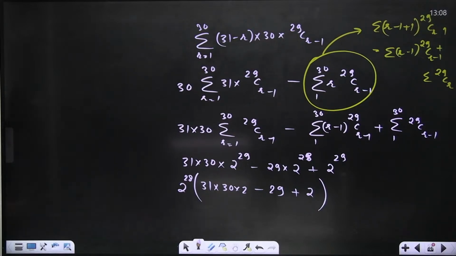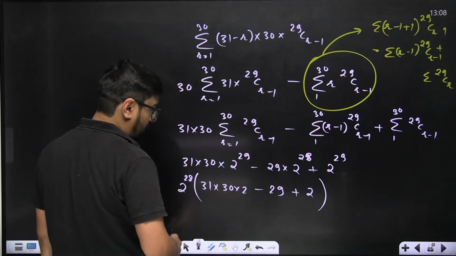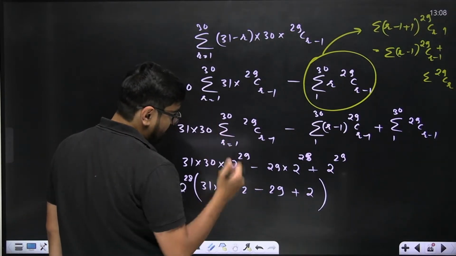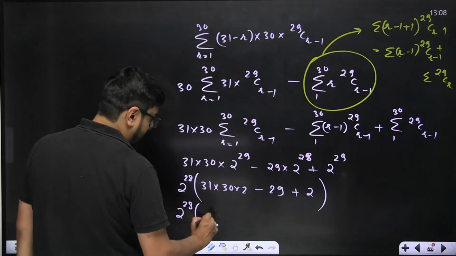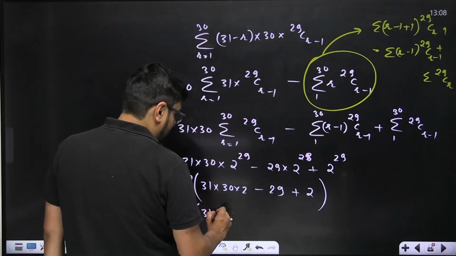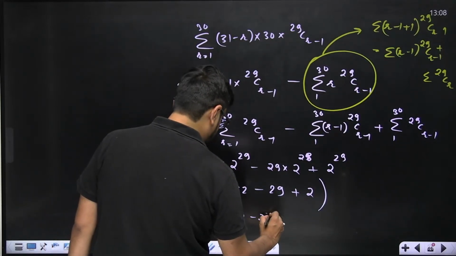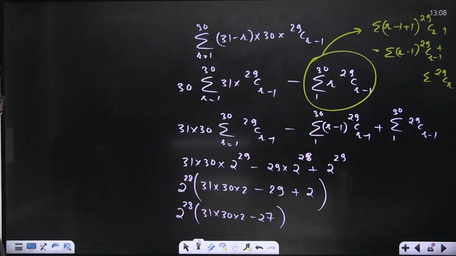But we need 2 to the power 29, right? So we'll have to create one 2 to the power 29. Let me write 2 to the power 28 multiplied with 31 into 30 into 2 minus 27. 3 also we can take out common.